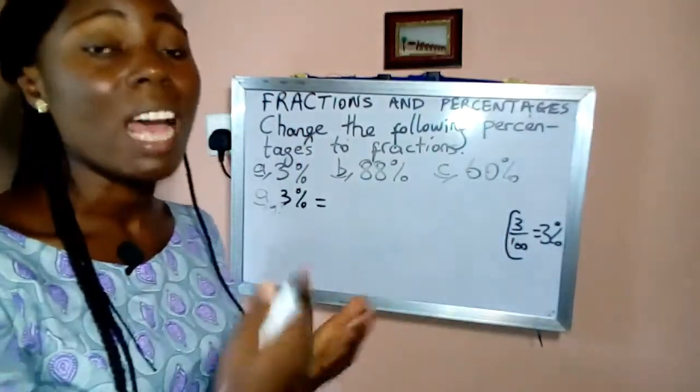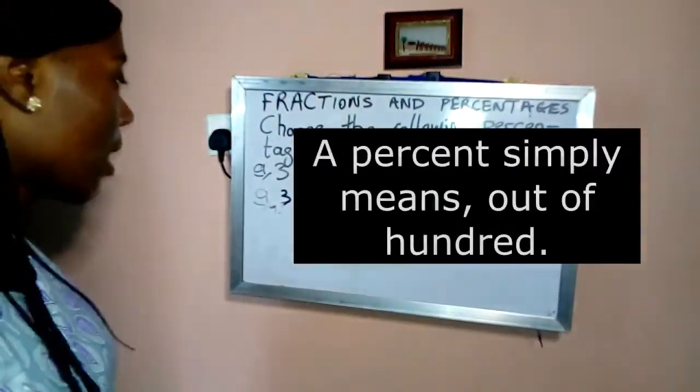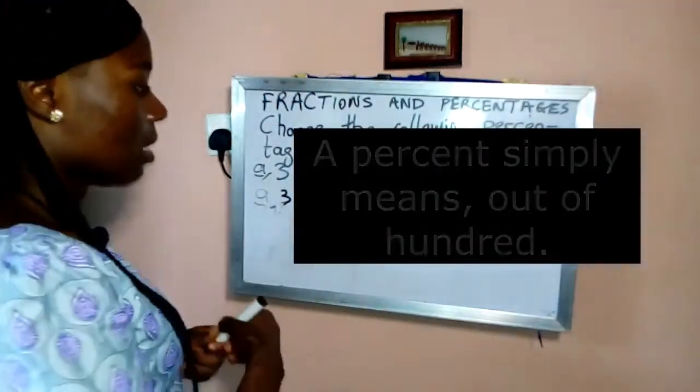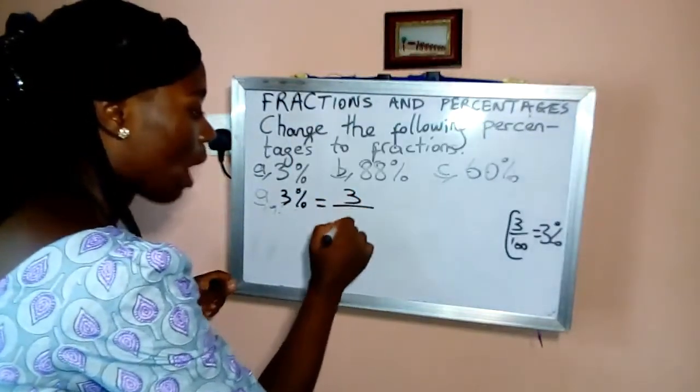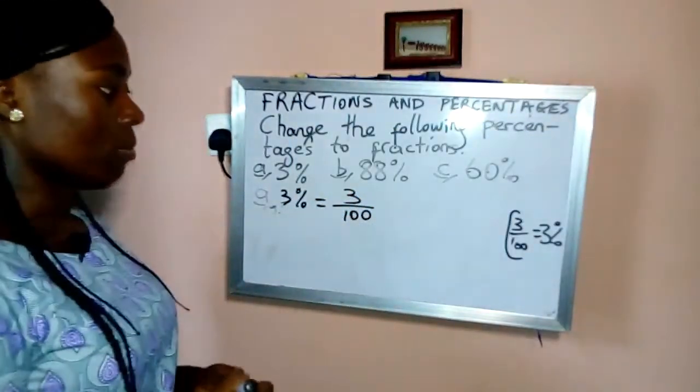A percent simply means out of 100. So 3% is simply 3 over 100.